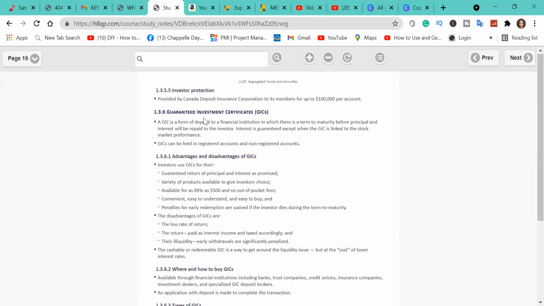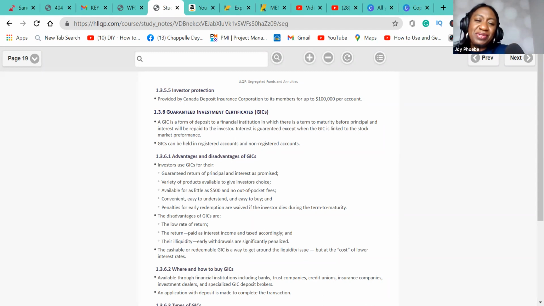It's like an investment, where the interest and the capital are paid to the investors after a term of maturity. That's correct. GIC is a form of deposit to a financial institution in which there is a term to maturity before principal and interest will be paid to the investor.